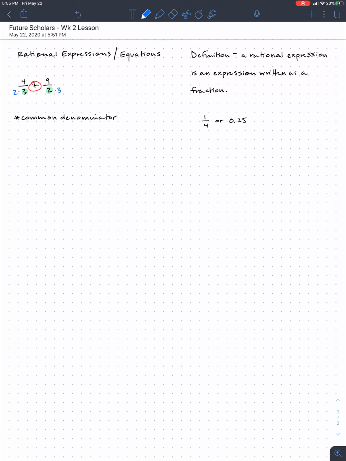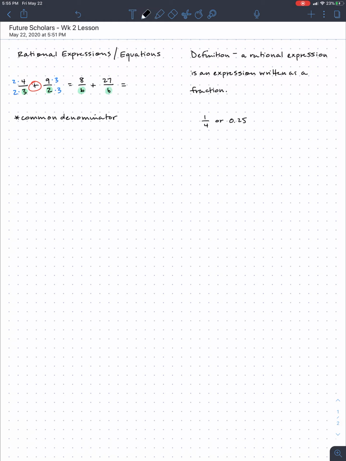But I can't just multiply the denominators, I need to multiply the numerators, and now we get something like this. 8 over 6 plus 27 over 6. Now I have common denominators, everything's good.